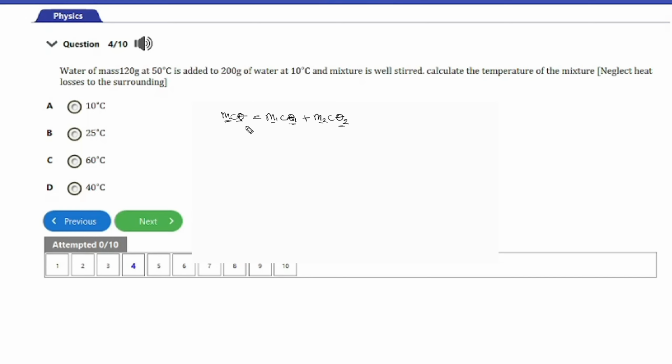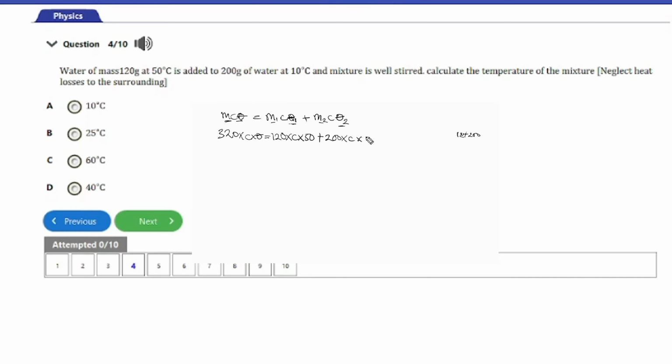So the sum of the masses here will be 120 plus 200, and that's 320 grams. So in that case, 320 grams times C times theta will be equal to 120 grams times C times theta 1, which is 50, so 120 grams times C times 50, plus 200 grams times C times 10.